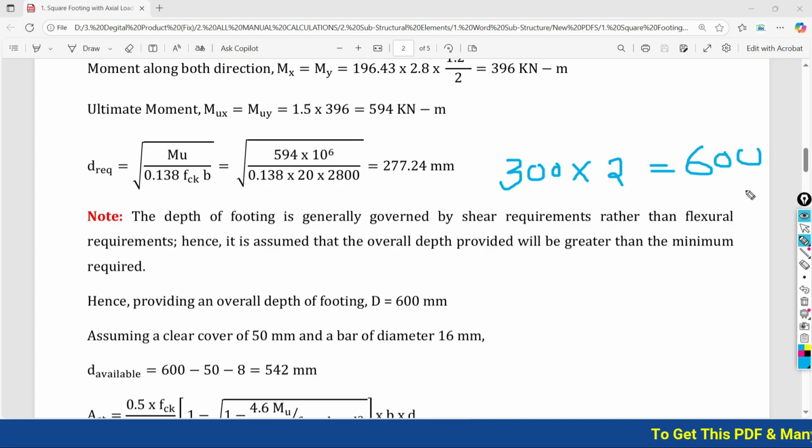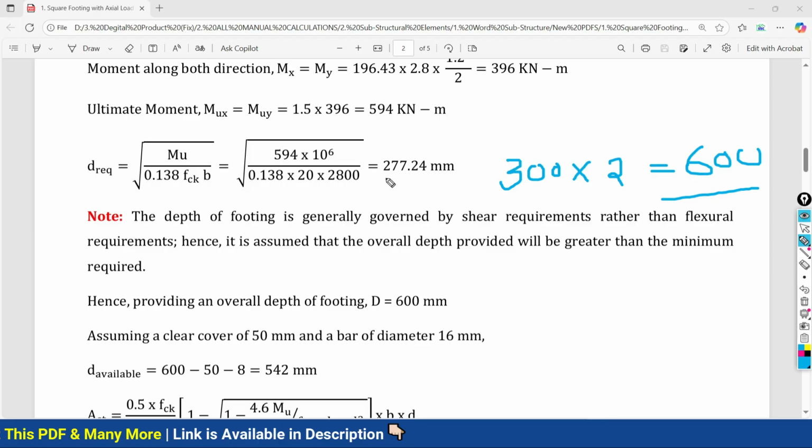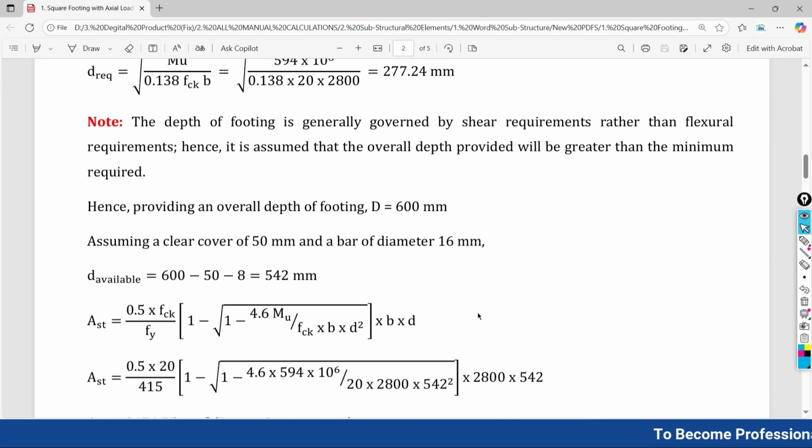It is the preliminary depth you can consider for shear, which may possibly be safe for shear also. So experts recommend that whatever depth you get for flexure, 2 to 3 times that depth is to be considered for shear. That's why, as a trial, we consider the overall depth of the foundation as 600 mm.